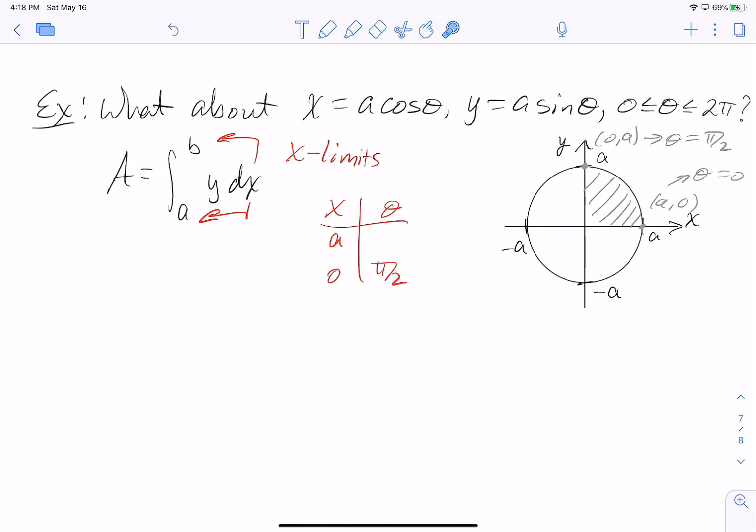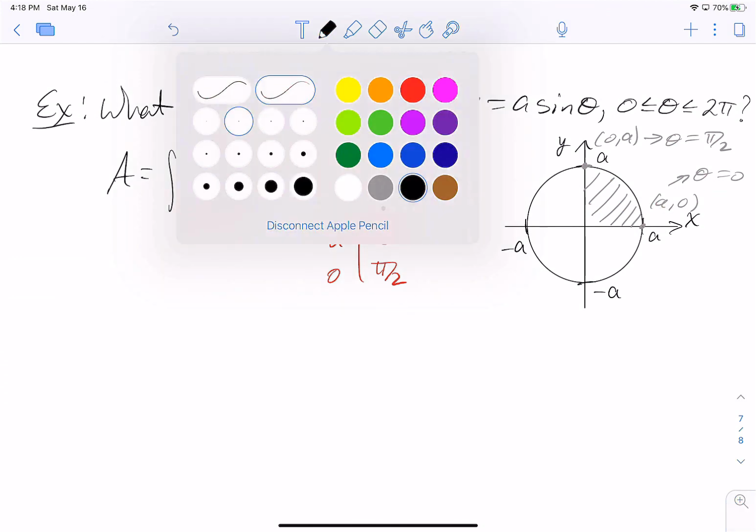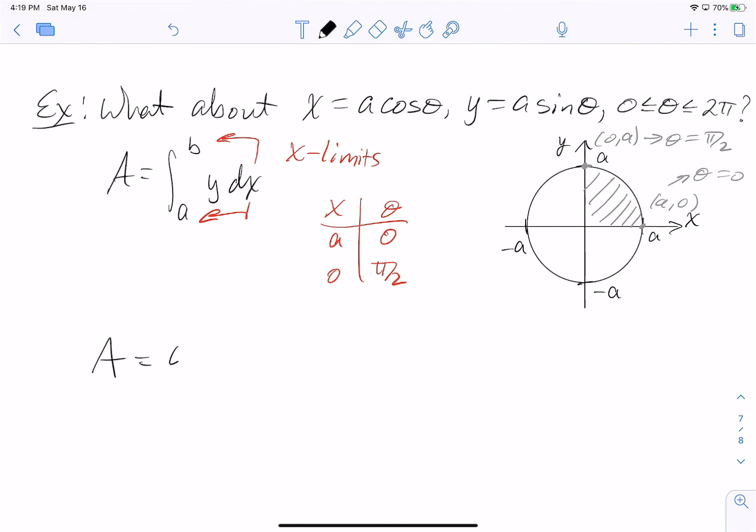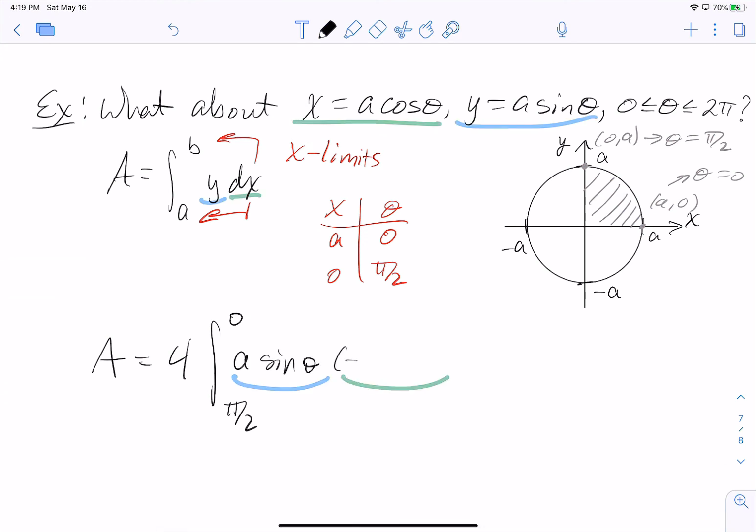And when x is a, that corresponds to theta equals 0. So our area is equal to 4 times, because we're only taking the first quadrant, the integral from pi over 2 to 0 of y, which is a times the sine of theta, dx, which is negative a times the sine of theta d theta.